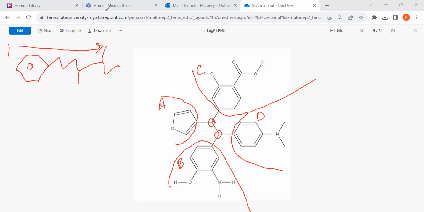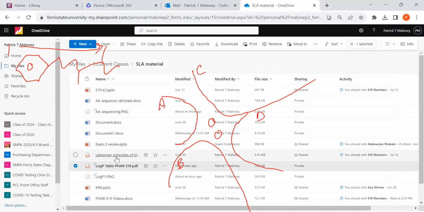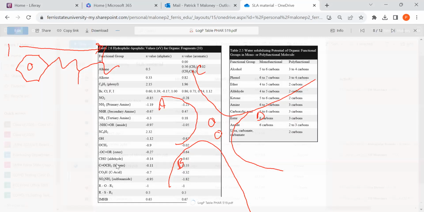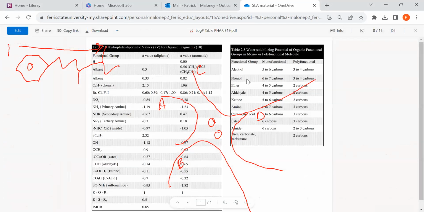And then for how I go about solving this, if you guys have the printed log P table up, I'm not sure. I don't know if you guys have this table available.